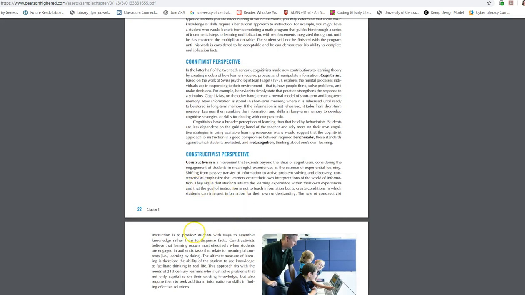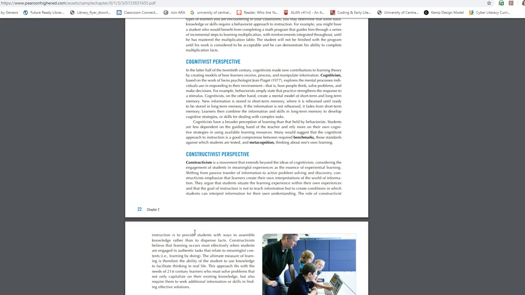Now, constructivism is much more what takes place in a student-centered classroom, and this is where you take the ideas beyond cognitivism, where you look at the engagement of students in a meaningful experience, and that's the entire basis of experiential learning.